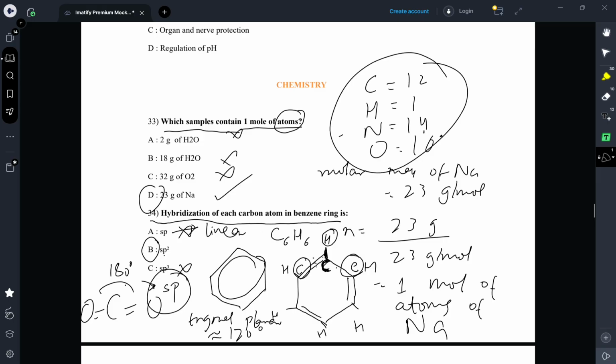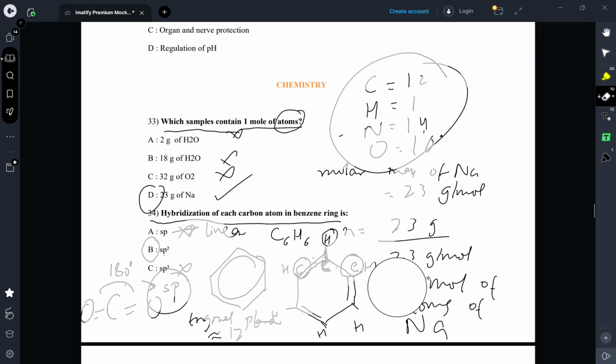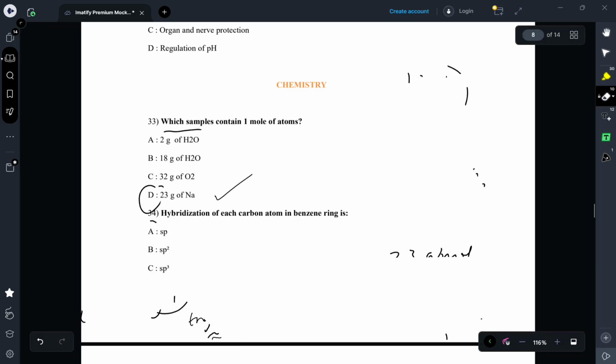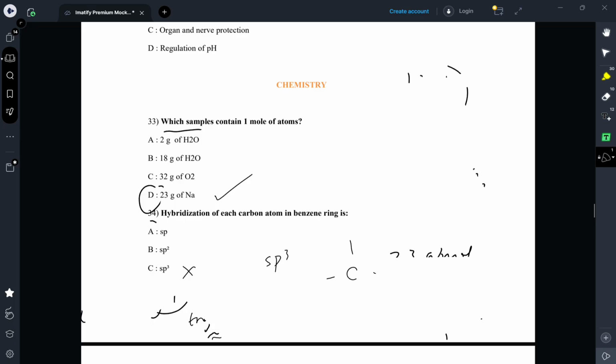C is wrong as well, because let me erase this so it's easy for you to understand. sp3 is, for example, if I draw methane, the carbon is bonded with four different atoms, hydrogens.